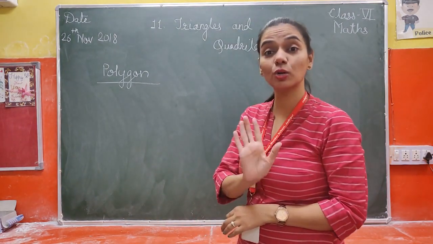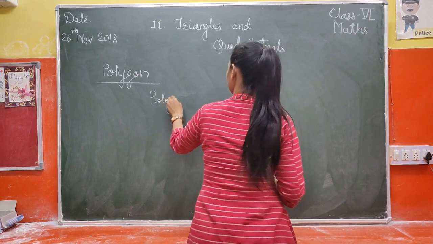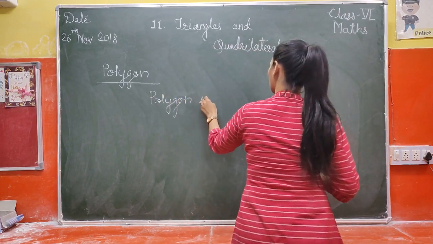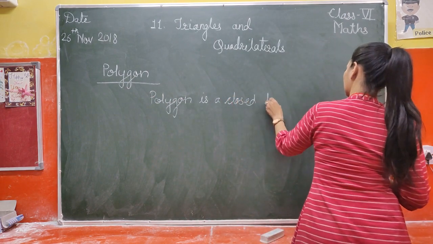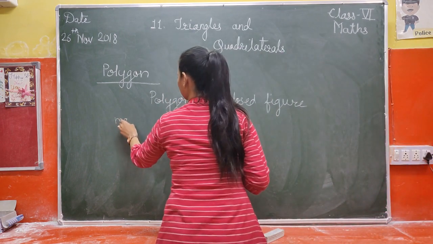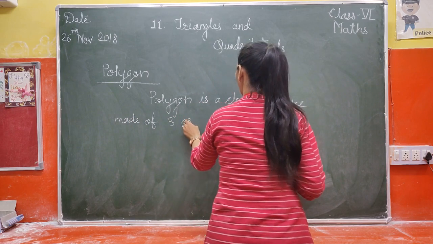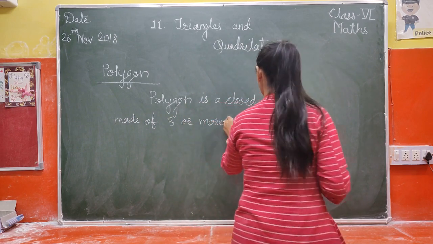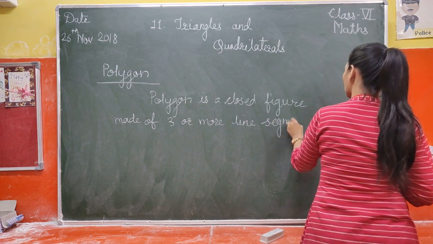A polygon is a closed figure made of three or more line segments. They don't have curves in them.